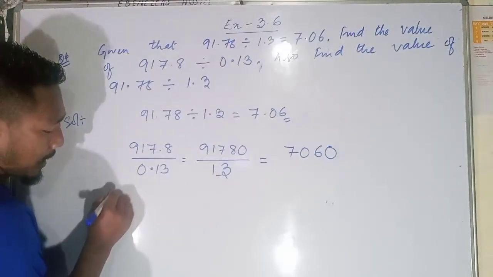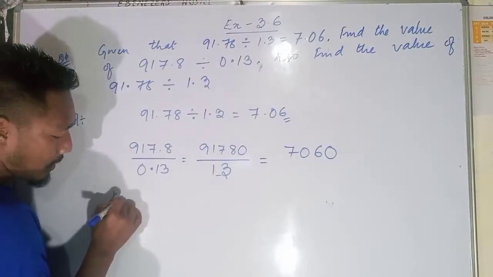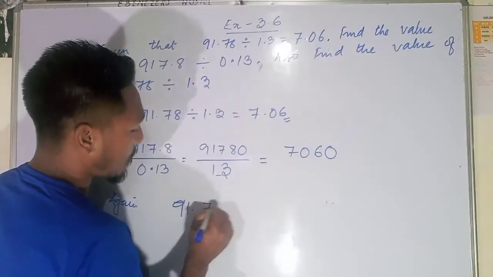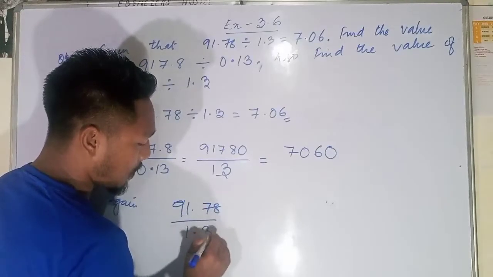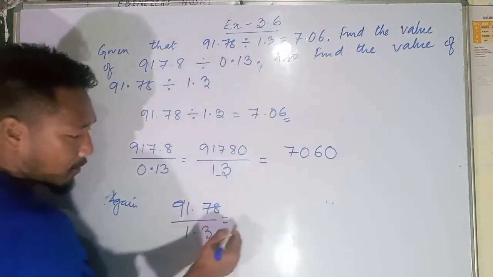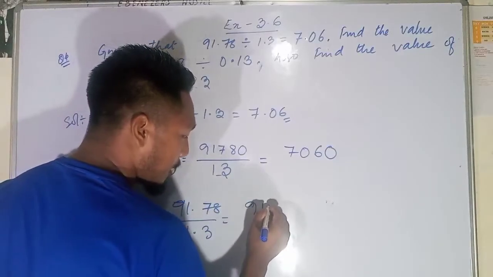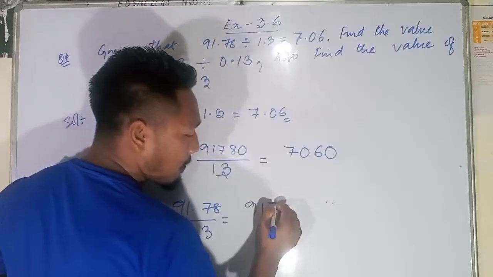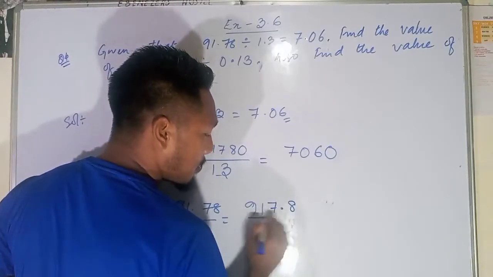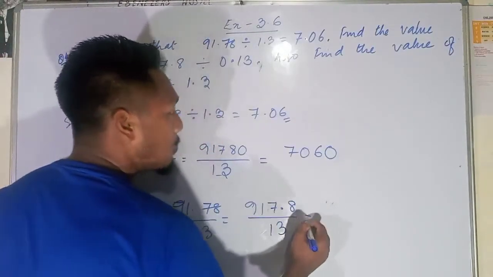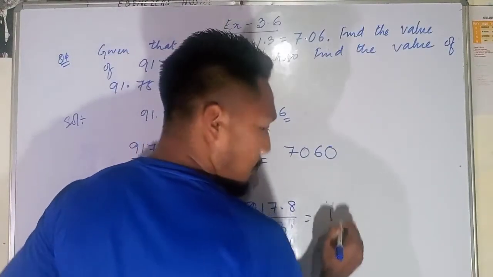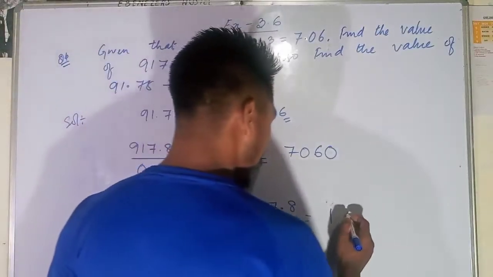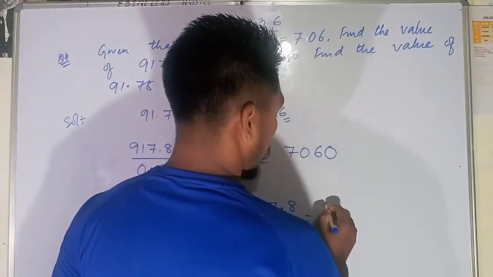Similarly, again you are asked to find 91.78 divided by 1.3. After the point we have one number, so the point will move by one place, and it will be 917.8 divided by 13.